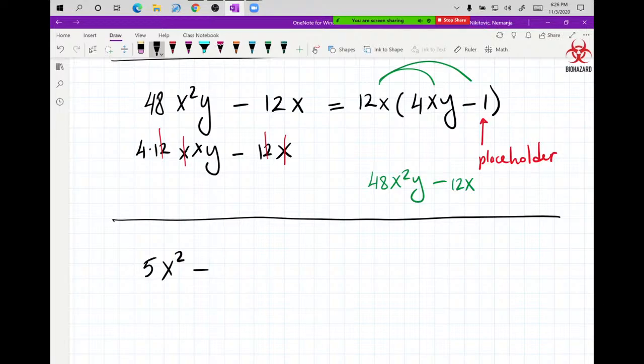5x squared minus 25x plus 5. So what is the GCF?